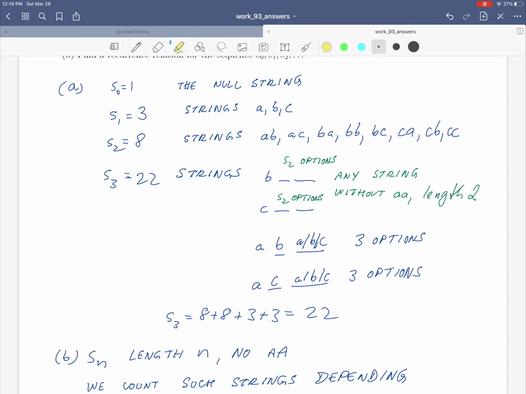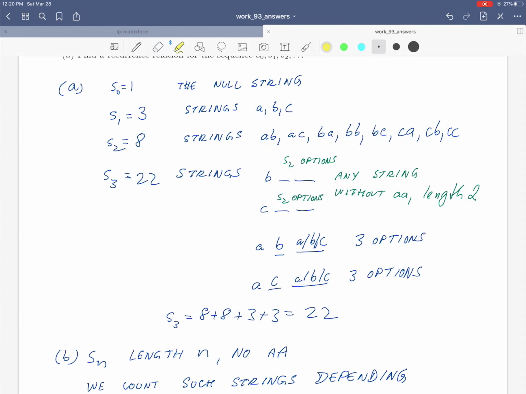If the second letter is either B or C, for the third letter we can use any of the 3 options we have: A, B, and C. So altogether, counting what we got, we have 8, that's S sub 2, 8 plus 8 plus 3 plus 3, that's 22 strings. So 22 strings of length 3 don't have repeating AA.